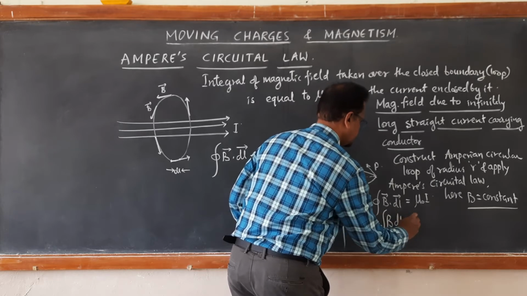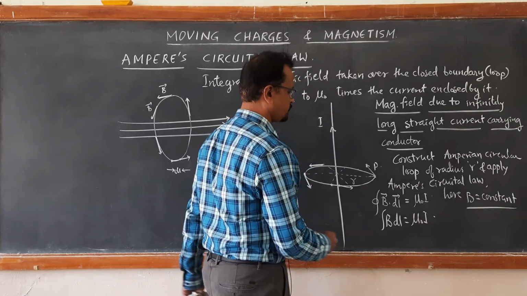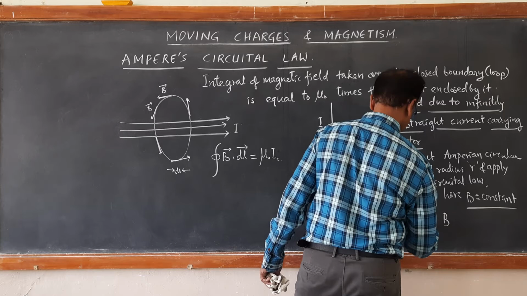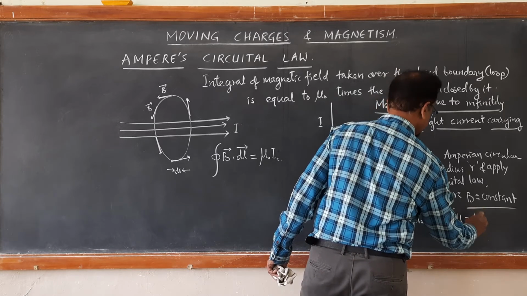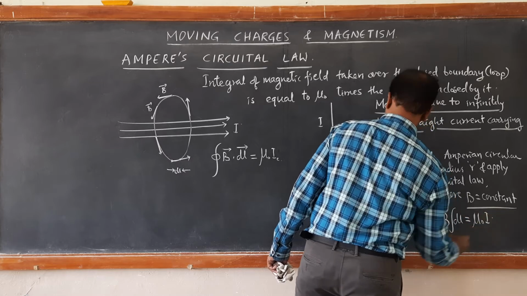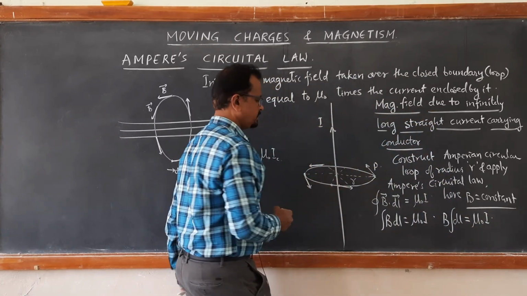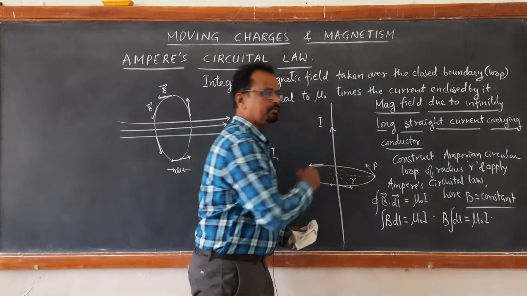Integral equal to mu naught I. Take B outside, then you get integral of dl equal to mu naught I. The integral of dl from one end to the other, when you come back, gives you the total circumference of the Amperean loop, the circular loop.